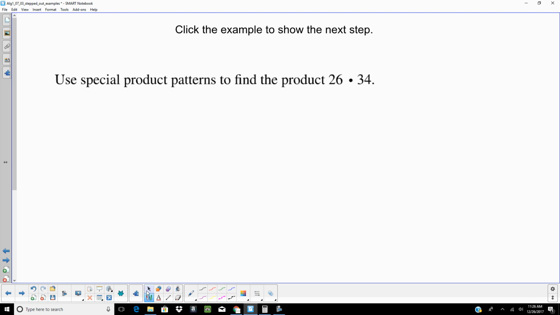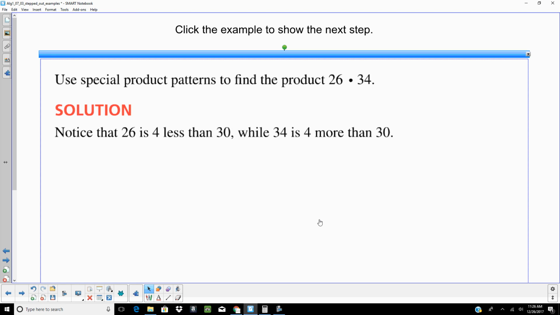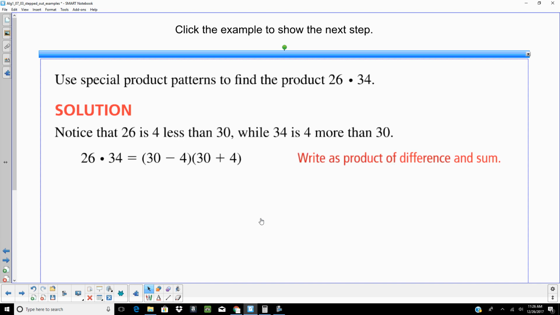All right, so we're going to use our special pattern to find the product of 26 times 34. Well, 26 is 4 less than 30, while 34 is 4 more than 30. And that's why this one works out. So 26, think of it as 30 minus 4. 34, think of it as 30 plus 4.